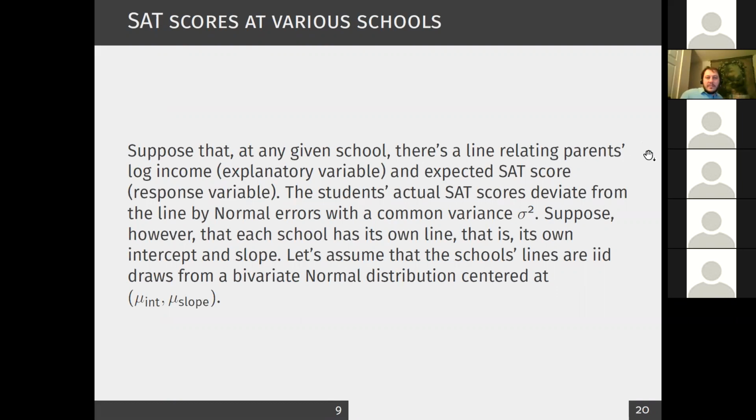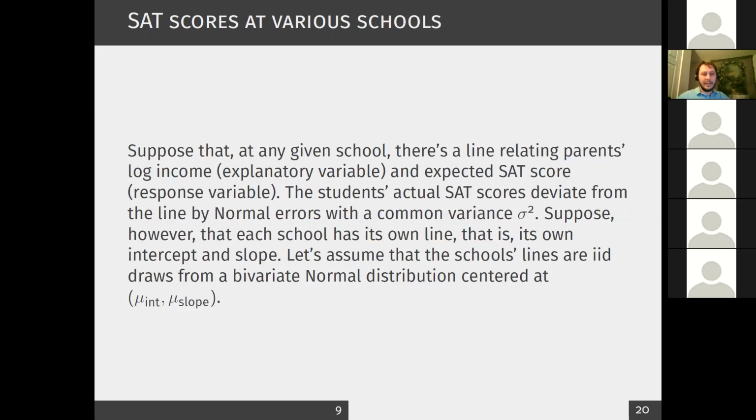You've got a number of schools that you're interested in. Well, okay, I shouldn't start with the schools. We're interested in the relationship between SAT scores and parents' income. And usually when you're dealing with income, you want to deal with log income because income is a very right-skewed distribution. So we'll use log income, maybe log base 10 income to make the numbers make sense, and that's going to be the explanatory variable.